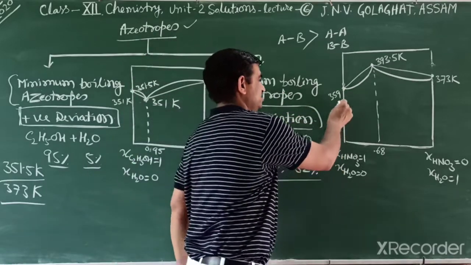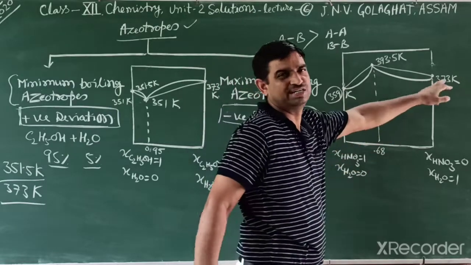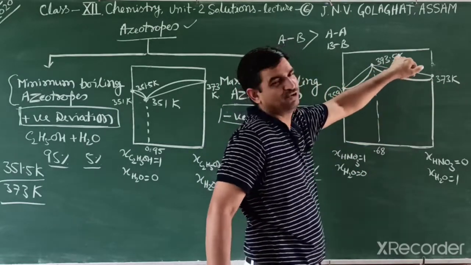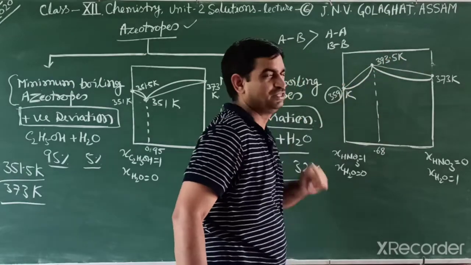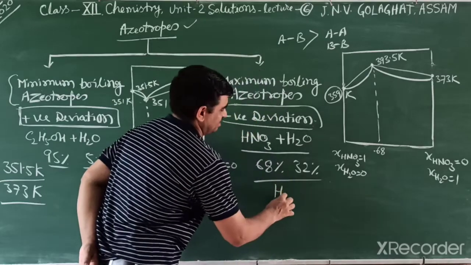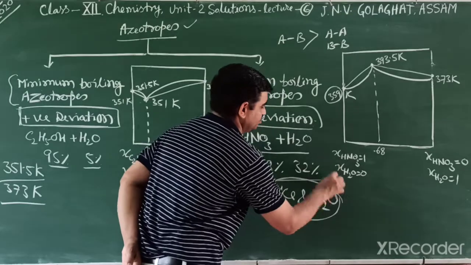And the nitric acid boiling point is 351 Kelvin, and water, 100 degrees Celsius, means 373 Kelvin. This composition has 393.5 Kelvin. So this is a particular example. Another example, HCl and water. HCl and water is also a maximum boiling azeotrope.